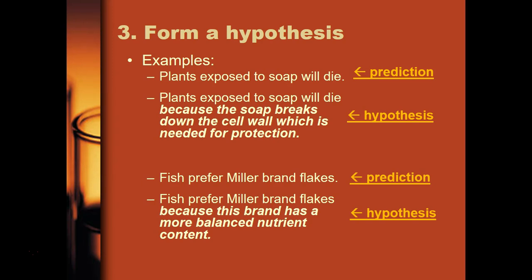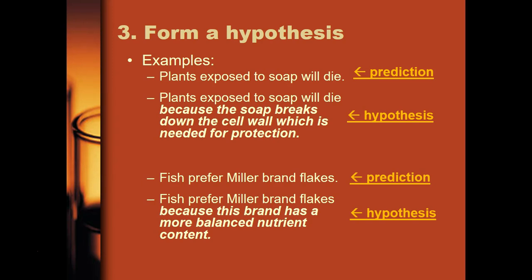But a hypothesis then includes a rationale. So fish prefer the Miller brand flakes because this has a more balanced nutrient content. Okay, so maybe a good side note for yourself is that if I'm writing a truly good hypothesis, it's if I do this, then this will happen because here's the rationale that I have for making that prediction in the first place, based on the research that I did back in step 2, right?